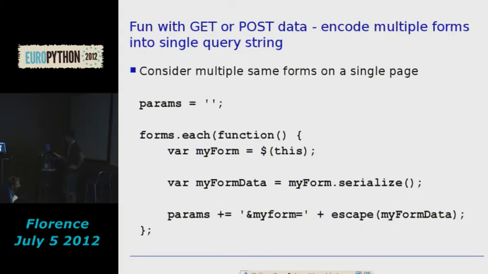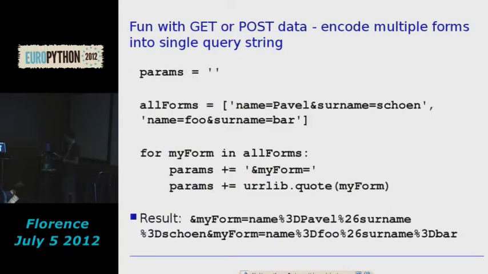But what we also use is including multiple query strings in one string. This is JavaScript code. If you have multiple same forms on a single page, you can iterate over these forms, serialize each form, and if you escape this data, then you will encode multiple forms in a single query string.